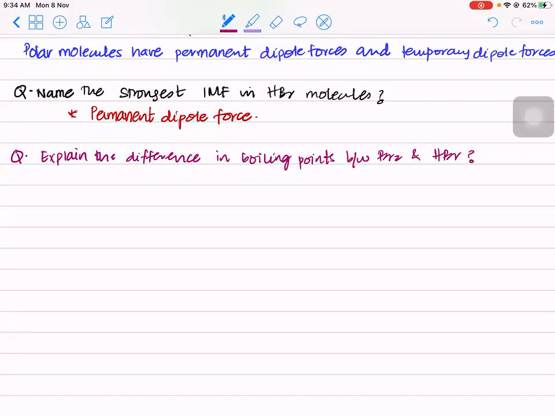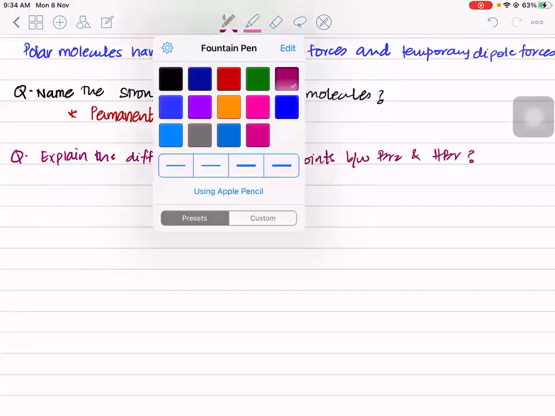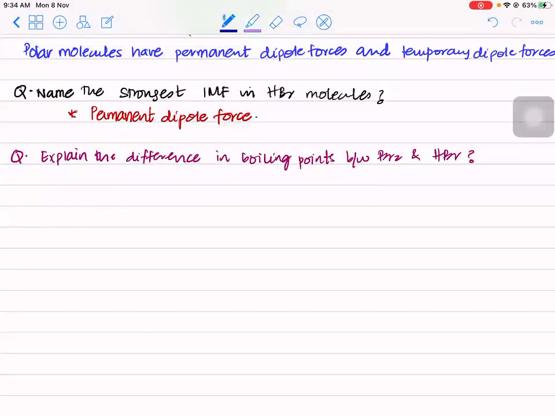Let's explain the difference in boiling points. And you know, boiling point depends on what? Intermolecular forces. Which factors depend on intermolecular forces? Boiling point, melting point, volatility, solubility, and physical state. So when they ask about boiling point, you have to talk about intermolecular forces.